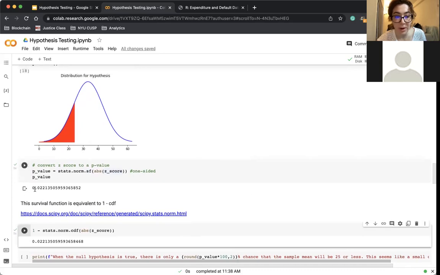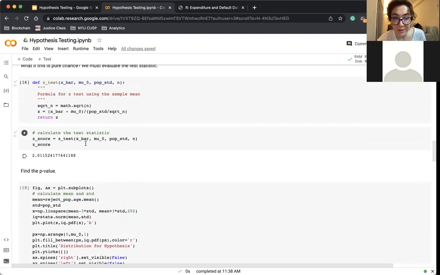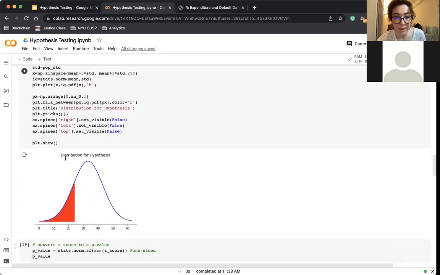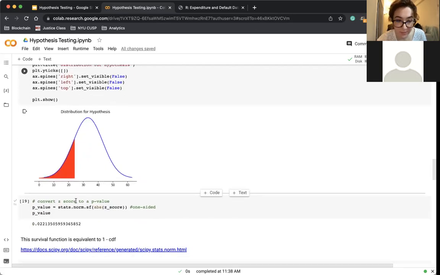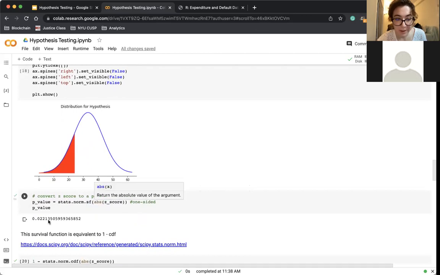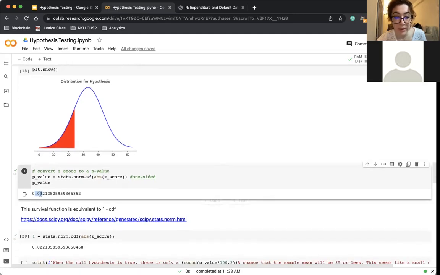And this is now the probability of seeing that value that we tested, our x bar. So we translated that from a z-score into a p-value. And we see that the probability of this value is 0.02.